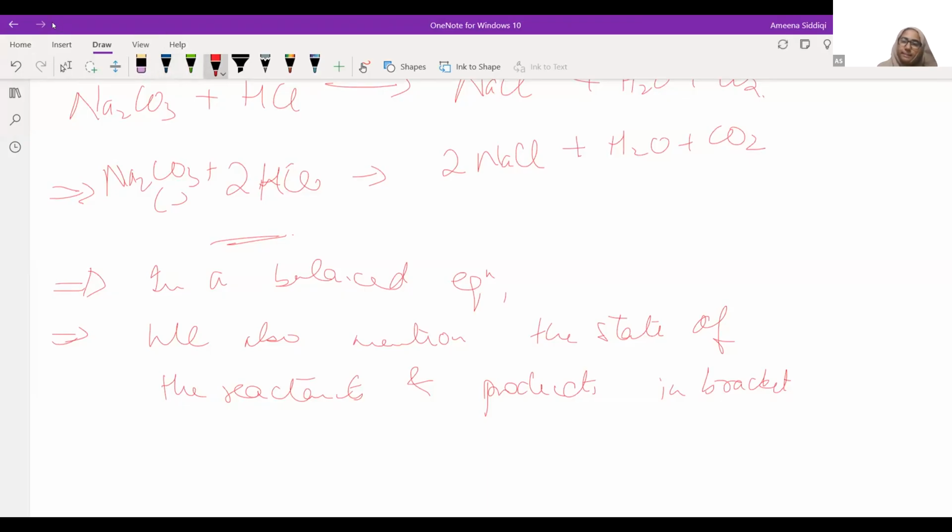Can someone tell me? If it's plain water, that is liquid, that is l. If it's gaseous, that is g. If it's solid, s. But if something solid is mixed with water, what will that be represented as? Aqueous, aq. That is aqueous. See, the difference between liquid and aqueous is clear.